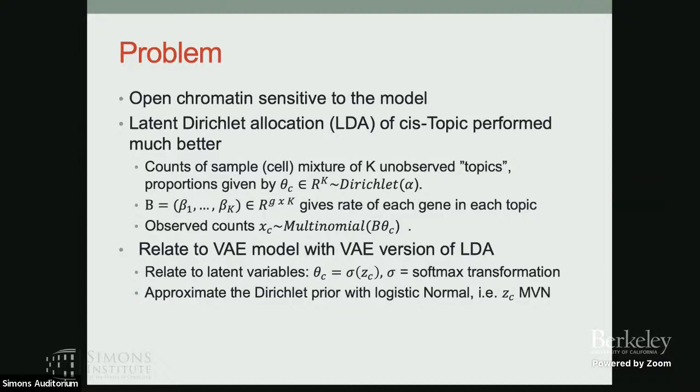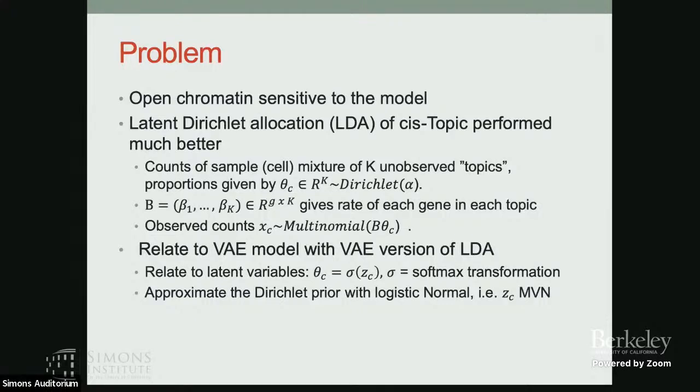Documents are expected to have various different topics encoded in them. So you assume that the counts you observe are a mixture, in other words an additive sum, of the counts of the words being used for different topics. There's some parameter, theta, which gives you the proportion for any particular cell or document of each of the topics.